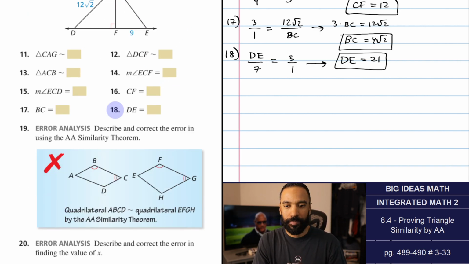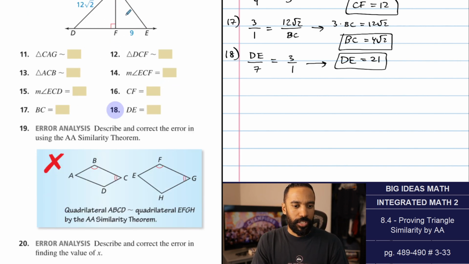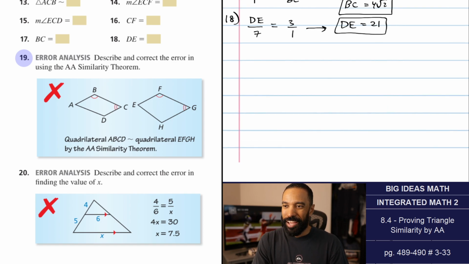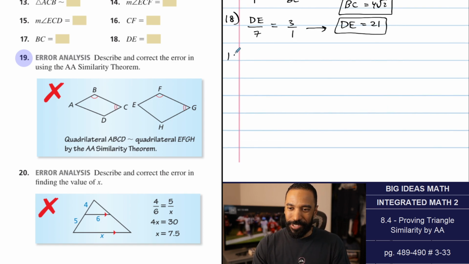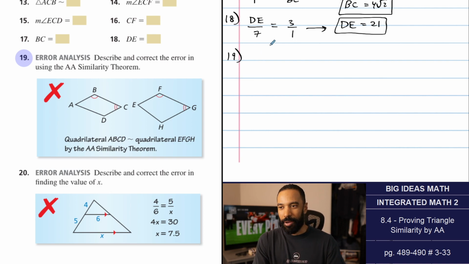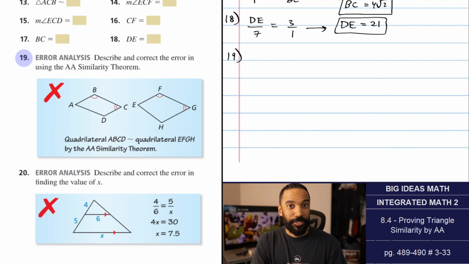Number 19. Describe and correct the error in using the angle-angle similarity theorem. Hold on, I want to see what they actually put. Quadrilateral ABCD is good. Okay, so here's the problem. They're not triangles.